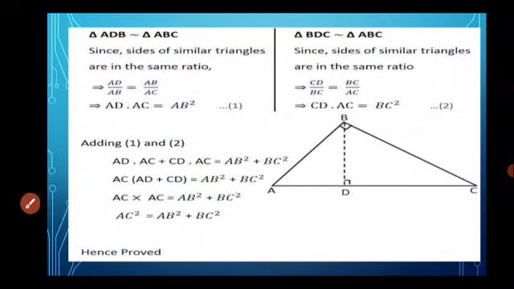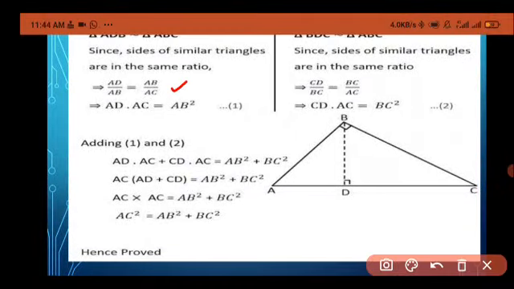So here triangle ADB is similar to triangle ABC. If ADB and ABC are similar, the sides will be in the same ratio. So AD by AB is equal to AB by AC. If we cross multiply, we get AD into AC equals AB square. That is equation number 1.